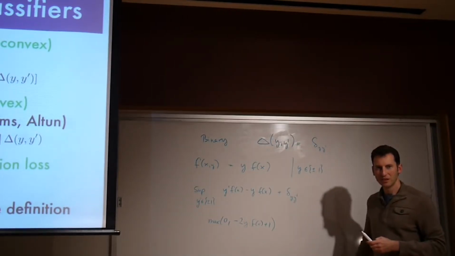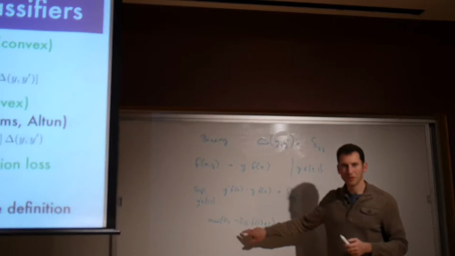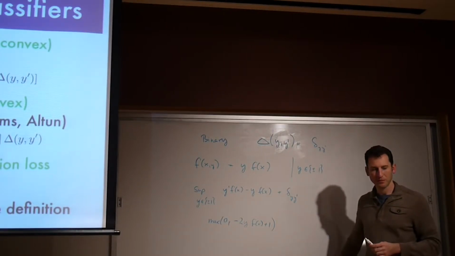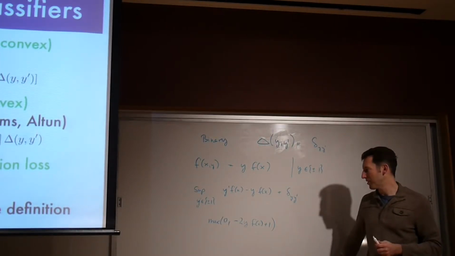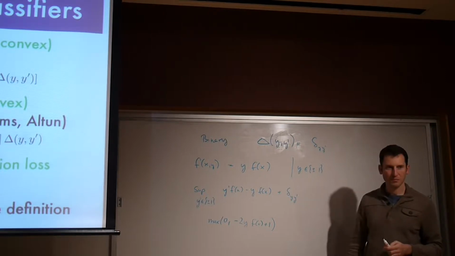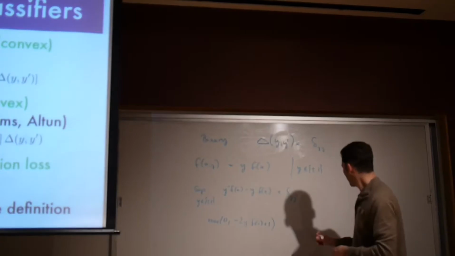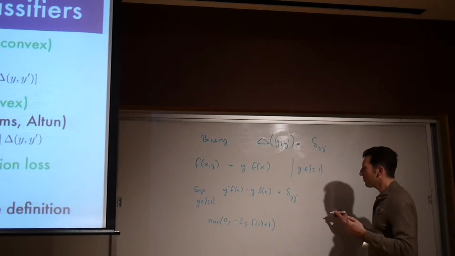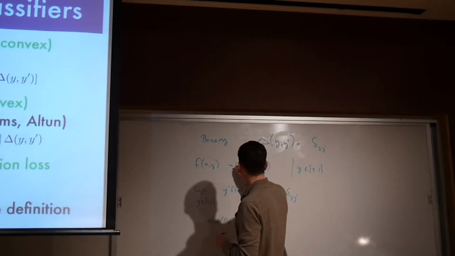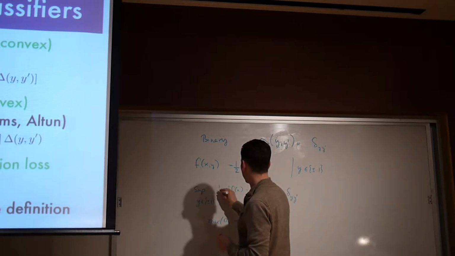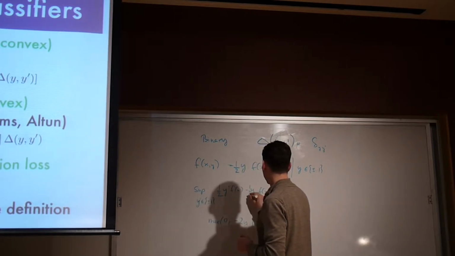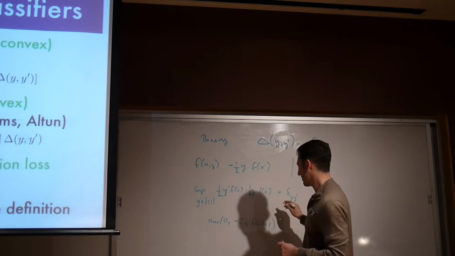Bingo. That's, up to a factor of 2, our basic margin. Are you sure? I think I am. Well, actually, let's just pick that 1/2 here. So we have 1/2 there, 1/2 there, so the 0 doesn't change.